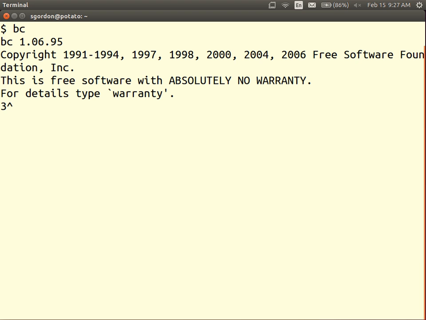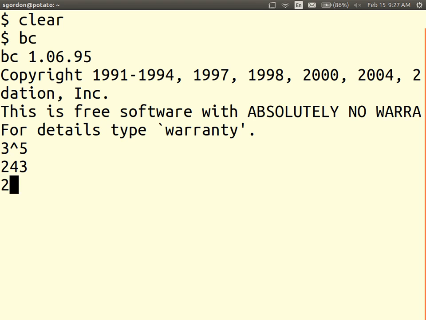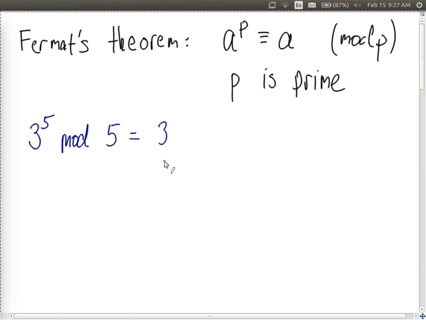Three to the power of 5. 243. 243 mod 5. 3. Okay, just confirm that 3 to the power of 5 we could calculate because it's such a small number. So that one checks. Maybe calculate this one manually.